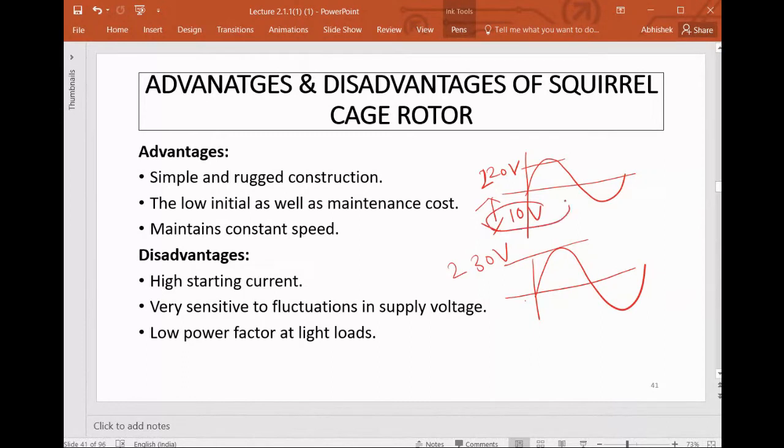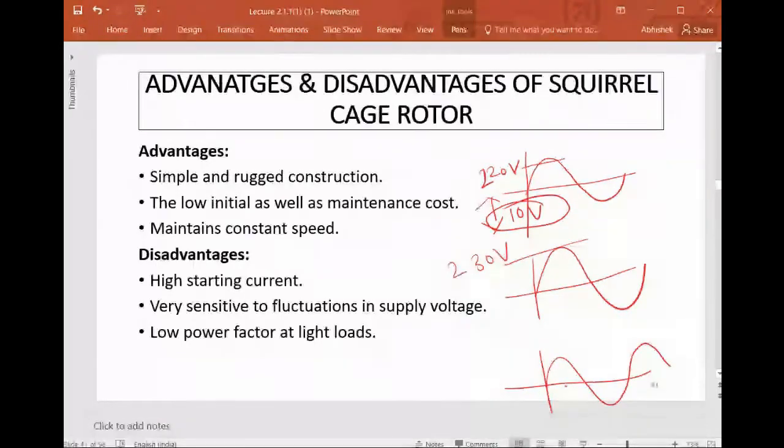Okay, so this fluctuation is there between the voltages when you receive the input voltage in case of a single phase induction motor, whereas in a three phase induction motor you have to take the average of these three phases. Okay, first phase is this, second phase is this, and third phase is this. Let's suppose that any one phase receives high voltage, and some phase will receive low voltage.